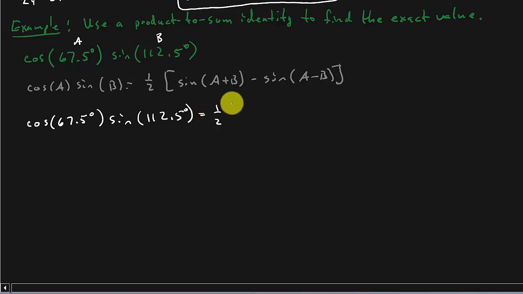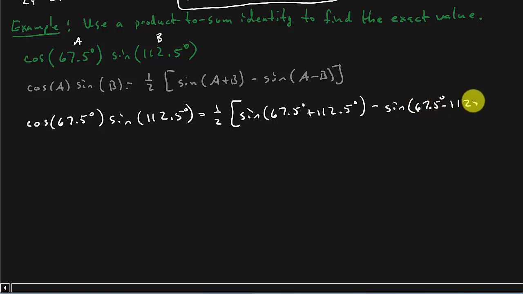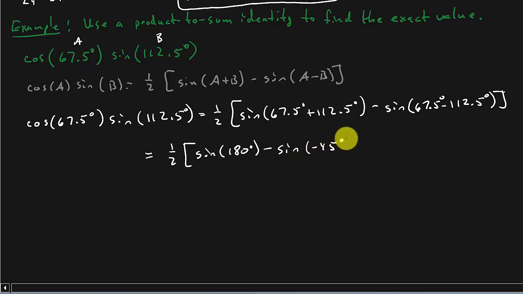That's going to be 1/2 times the sine of 67.5 plus 112.5 minus sine 67.5 minus 112.5. All right. And so this is going to give us 1/2 times the sine of 180 minus the sine of negative 45.